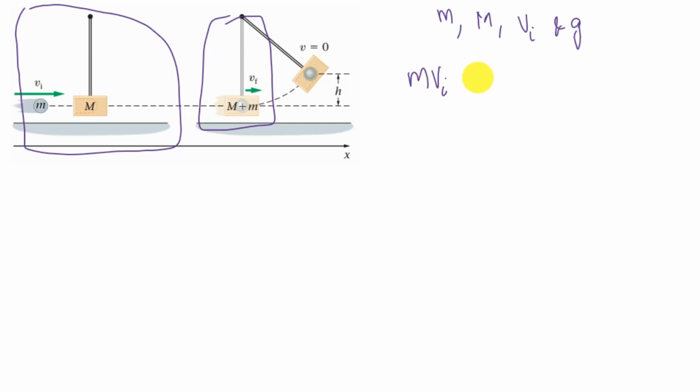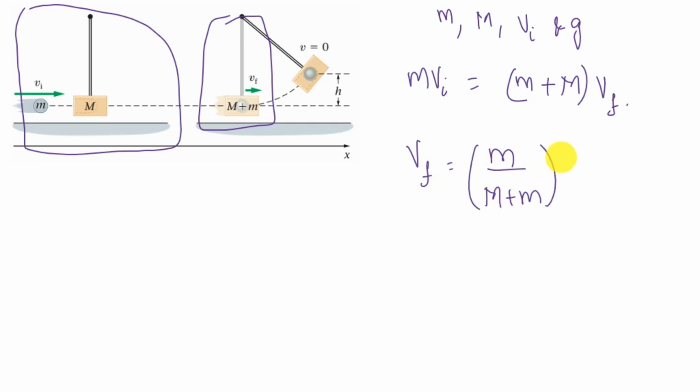This equals, after the collision, the bullet is embedded into the bob, so the total mass of the system becomes small m plus capital M, and its velocity we take as Vf. So from here the final velocity is equal to m over (capital M plus m) times Vi. So at this position we have found the velocity.